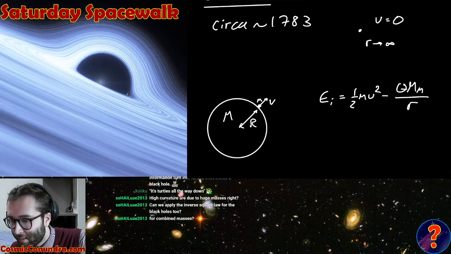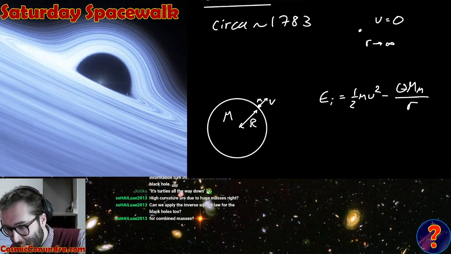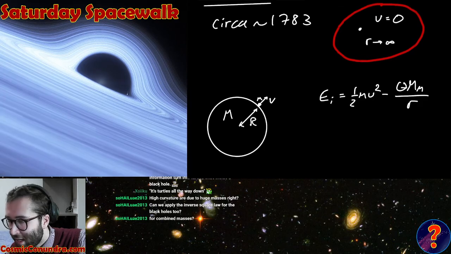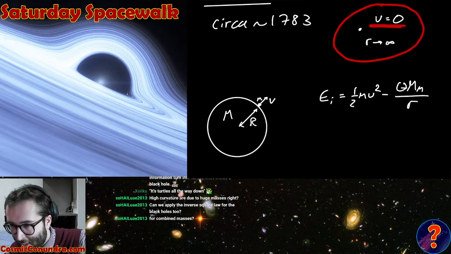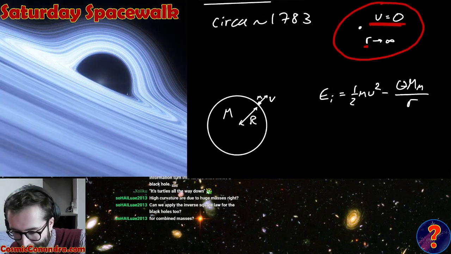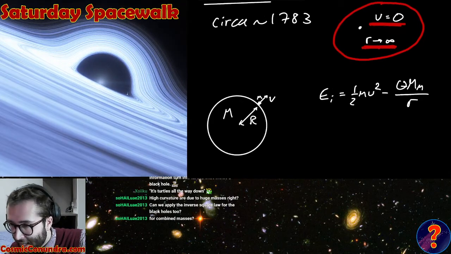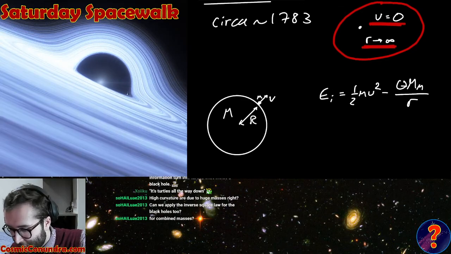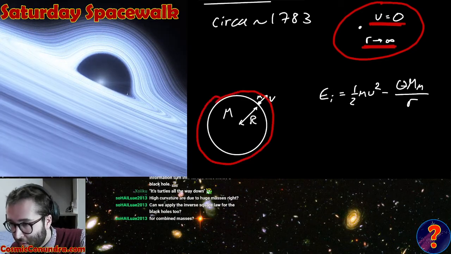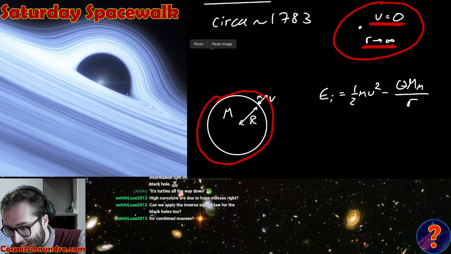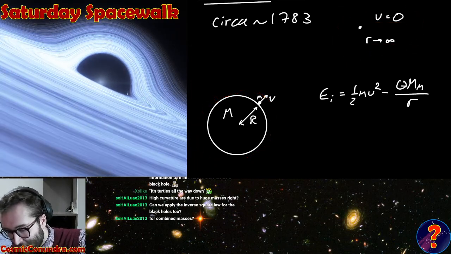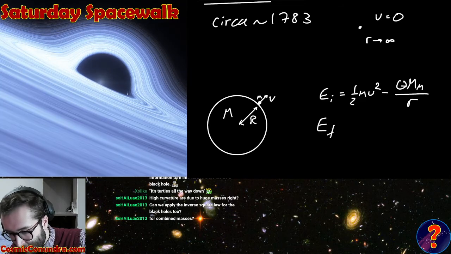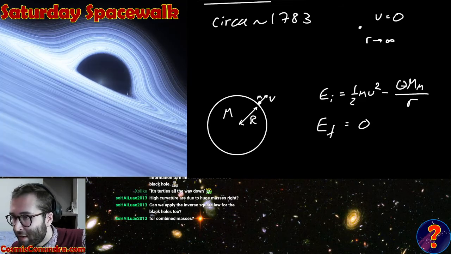Given by this. Then if we think about out here, what energy it has, well, it has no kinetic energy, as its speed is 0, and as it's now pretty much completely left the influence of the gravity of the larger object, it's gone all the way to r approaches infinity, it will also have no potential energy. So the final energy is actually 0.